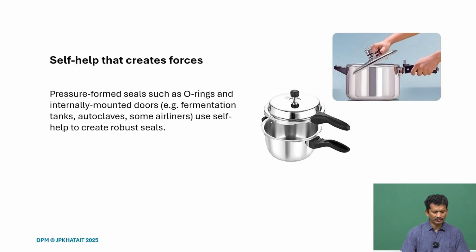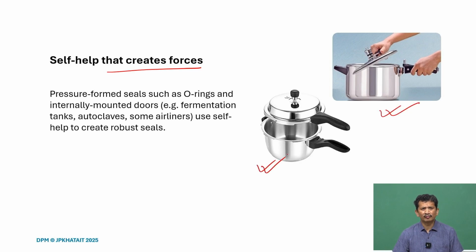So, for instance, if you are looking at self-help that creates forces, we have a very good example here, and I think we have it almost at every home, pressure cookers for cooking. What we realize here is that the pressure forms seals, so here O-rings or any internally mounted doors use self-help to create robust seals.